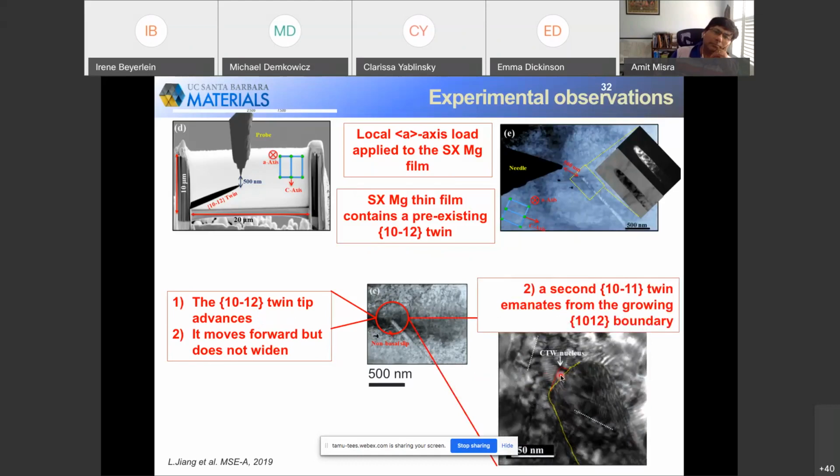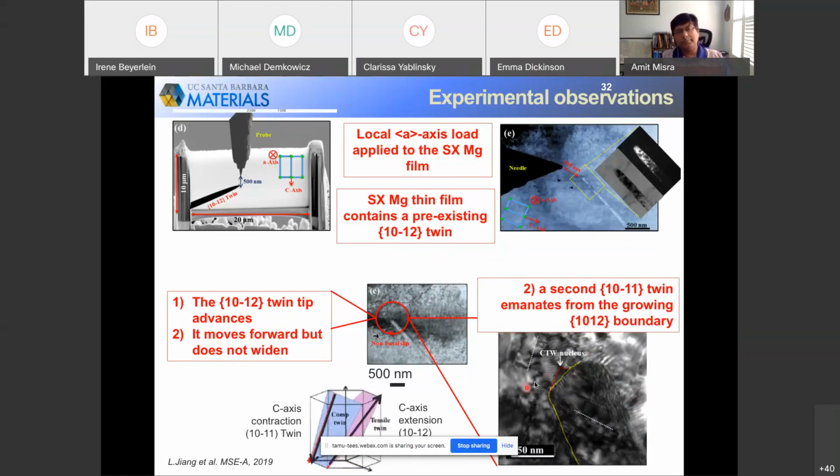But what was interesting, however, was that a second twin nucleus formed. And this second twin nucleus is a different twinning type. It was what we call a contraction twin I had shown earlier, this 10 bar 1 twin along this 10 bar 1 plane.